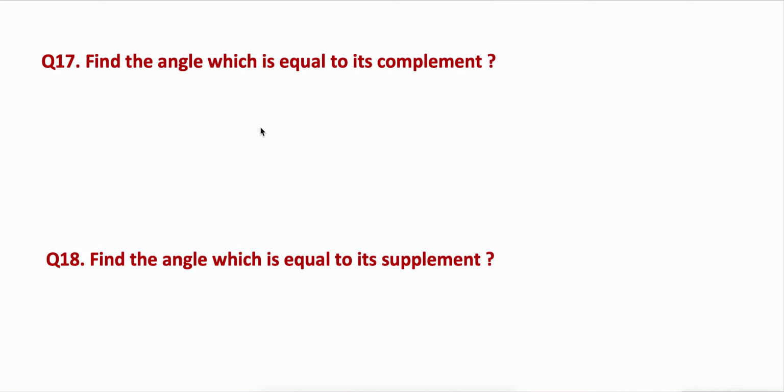Question 17. Find the angle which is equal to its complement. For complementary angles, angle 1 plus angle 2 is equal to 90 degrees. Here the angle is not mentioned and we have to find it. So let the angle be x.